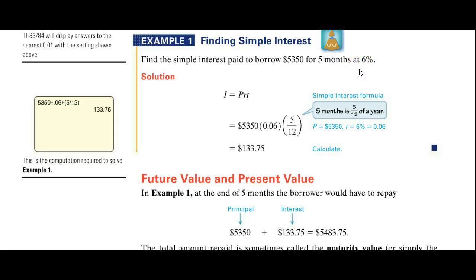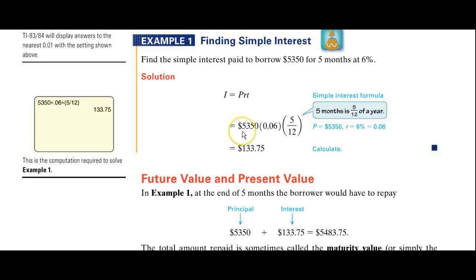Now, usually when they give your interest rate, it's per year. So we think of it as annual. But if your time is less than a year, then we have to figure out what fraction that is of a year. Here we're dealing with 5 months. So we'll see when we put it in the formula.